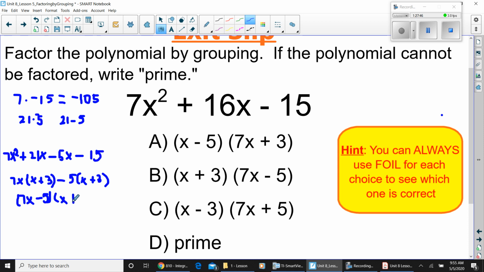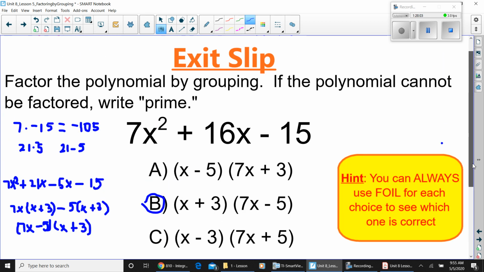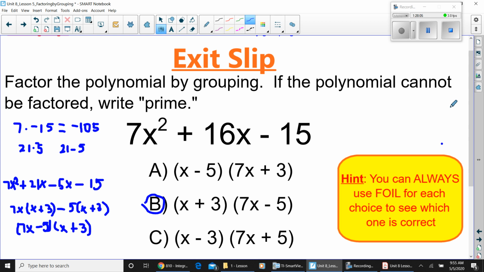And what did you pick? Hopefully you picked B, because that is the right answer. B is your answer. 7x minus 5 times x plus 3. It doesn't matter which way you do it. You could always do FOIL to see if it is correct, but B is your answer.